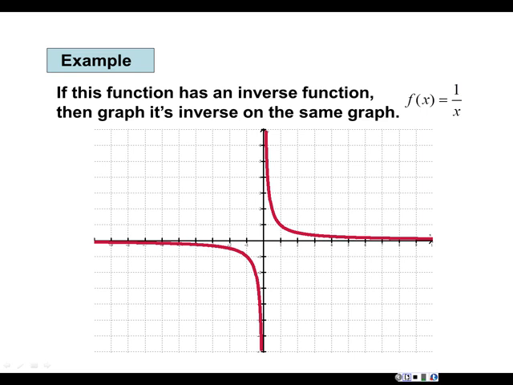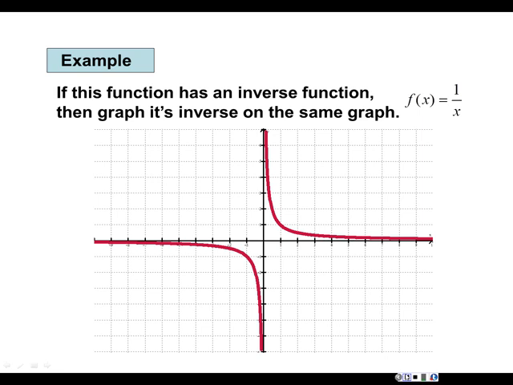Even if you try with our 4 steps, we know how to find the inverse, right? Let's check with the 4 steps just to make sure we understand it right. Step number 1, we replace f of x by y. Step number 2, we exchange x and y. So now we have x equals 1 over y.